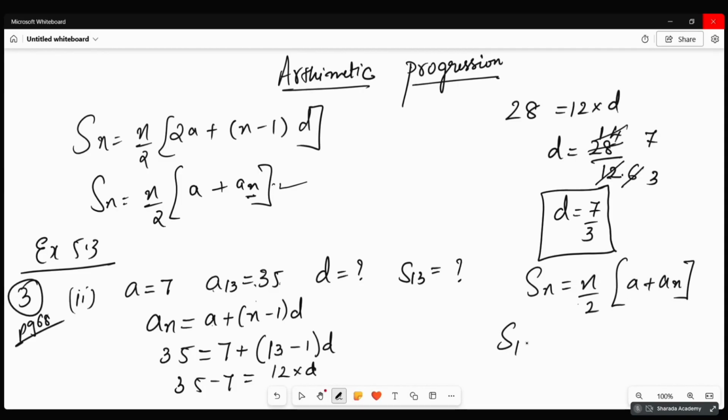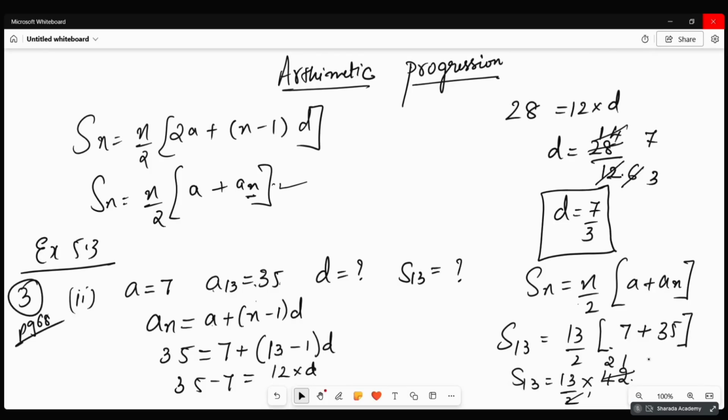So now S13 is equal to 13 by 2 into a, it is 7, plus an value, it is 35. So 13 by 2 into 42 here. So S13 is 13 into 21 units.